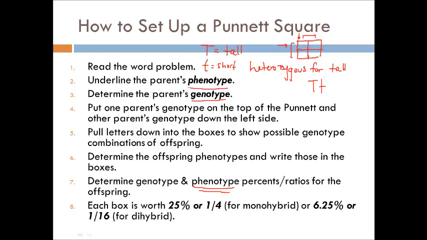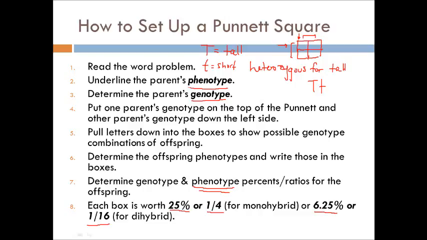So for a monohybrid, remember I mentioned it's 1/4 for every box, which is 25%. Now for dihybrid, it's going to be 1/16 for each box because you have 16 boxes, or a little over 6%, so 6.25%.